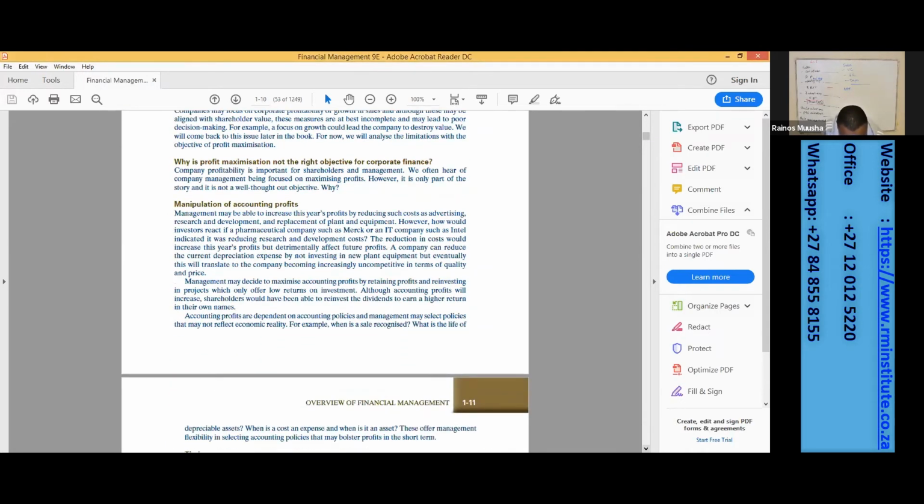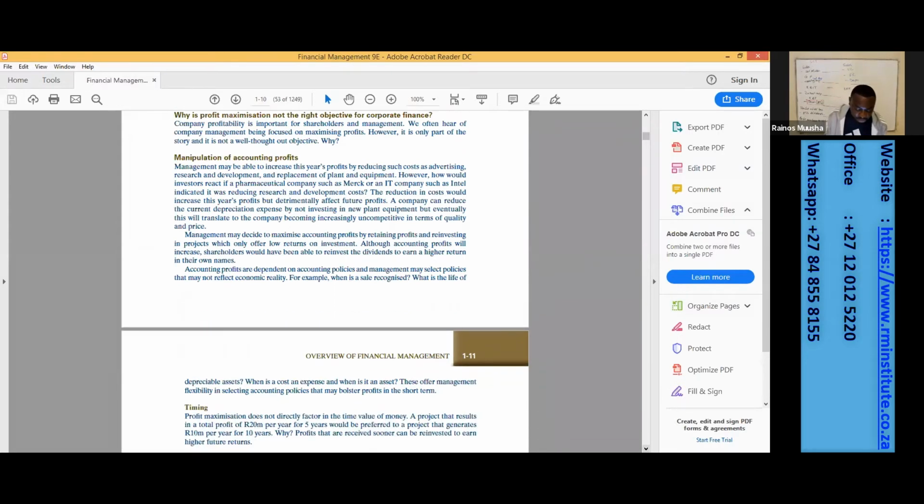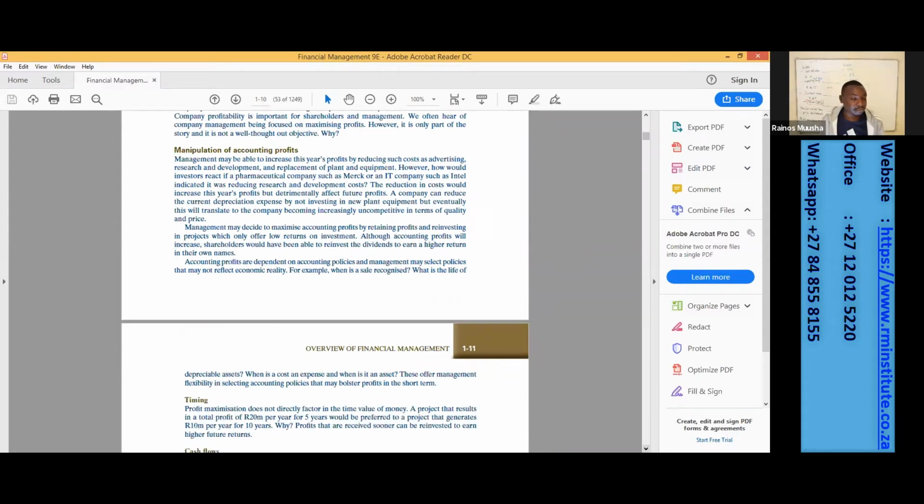And here they're saying the reason why profit maximization is not the right objective is mainly because profits can be subject to accounting manipulation of what? Accounting profits. So the profits of the business can be manipulated. That's why you see that there's always an issue when it comes to the presentation of the financial statements.